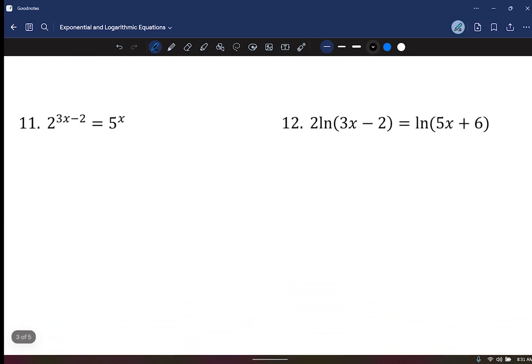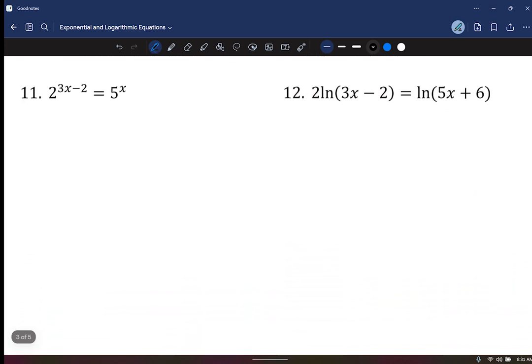All right, number 11. So I have a 2 to the 3x minus 2 and a 5 to the x. So that tells me that I have a problem here. I can't make the 2 with a base of 5. I can't make the 5 with a base of 2.